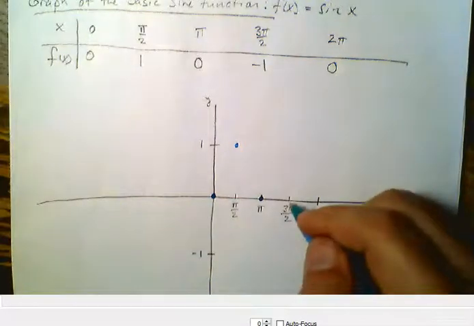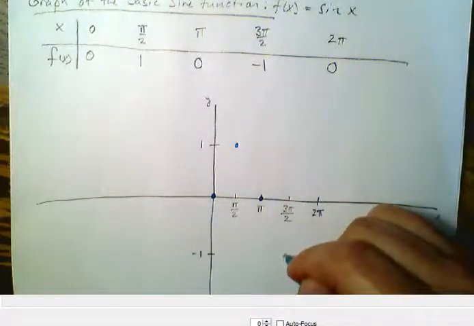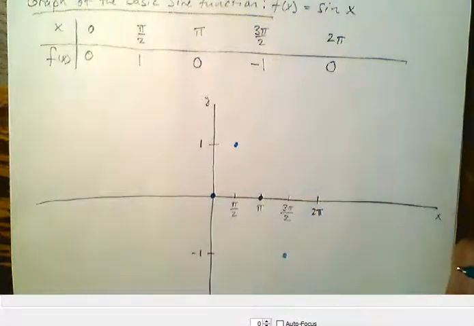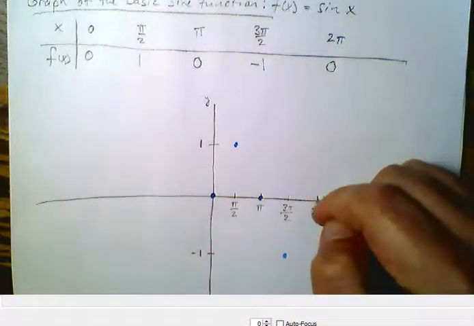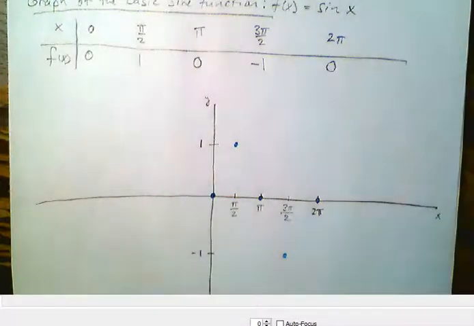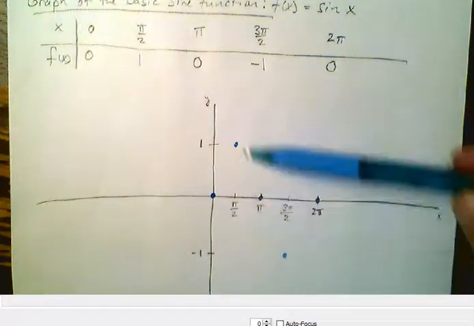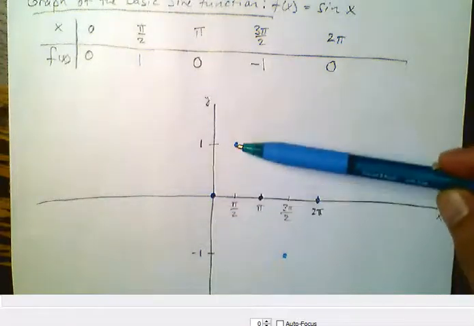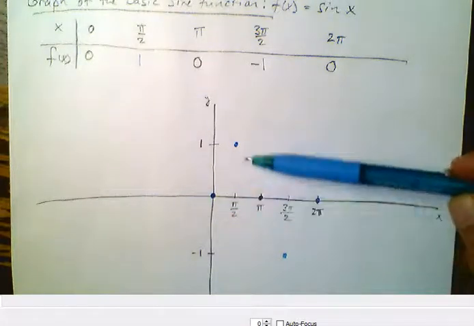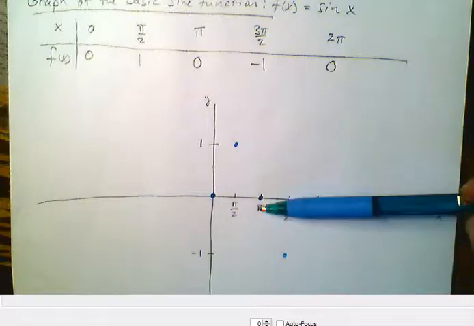And then at 3 pi over 2, -1. And then at 2 pi, back to 0. Okay. So you can see some oscillation here, right? So is it maybe a straight line that connects these 2 points, or is it kind of a curved line that connects those 2 points?